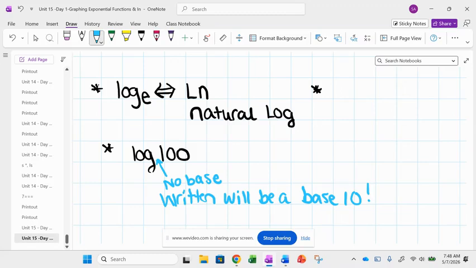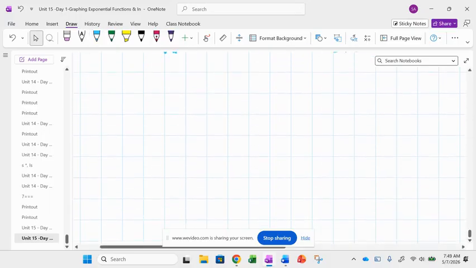Okay, so we now know how logs and exponentials are related. Now let's talk about graphing logs.